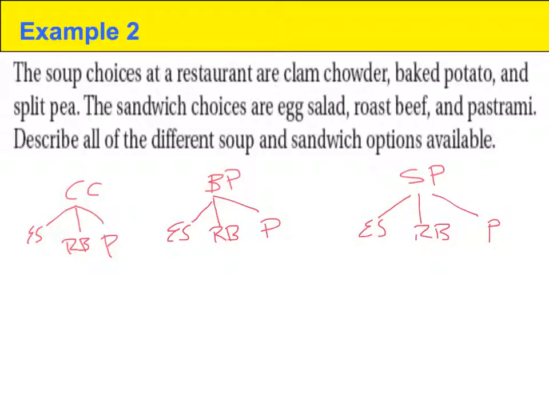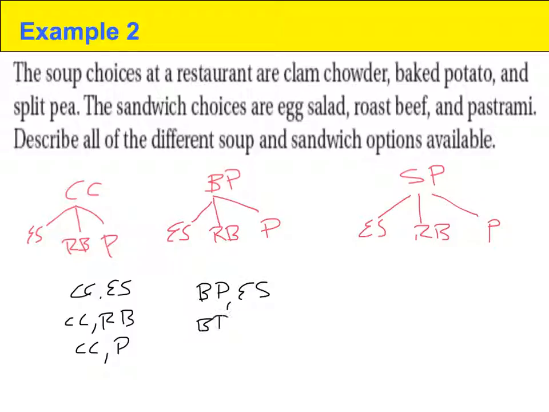All right, so as you do these problems, all you are doing is describing all of these different soups. I'm just going to make a list. Clam chowder and egg salad sandwich. Clam chowder, roast beef. Clam chowder, pastrami. These are the different options I could have. Baked potato soup with an egg salad sandwich.